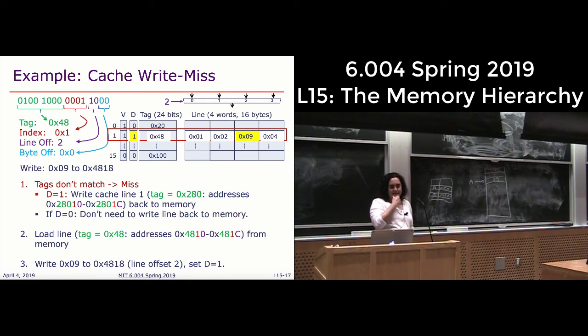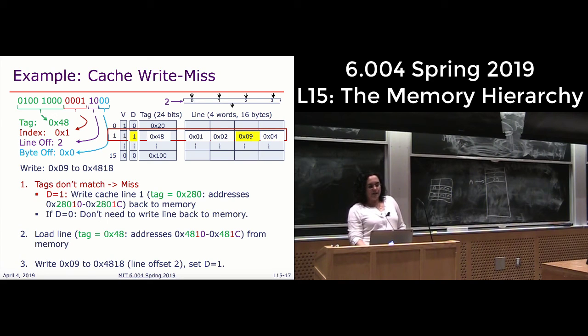Now what happens on a miss? So on a miss, if I look at this example right here, I'm trying to access tag 48, but the tag that I'm currently indexing is 0x280. So I get a tag mismatch, all right? So in this case, my tags don't match, so I have to go to main memory to fetch the thing that I'm looking for.